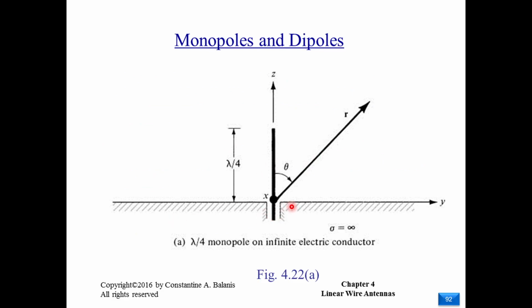When we have a monopole attached to a perfect conductor, from image theory it's as if we have a dipole in free space, because the image for this arm would be another source here. So if this is lambda over 4, the whole effect would be as a lambda over 2 antenna: a lambda over 4 monopole and another lambda over 4 image.